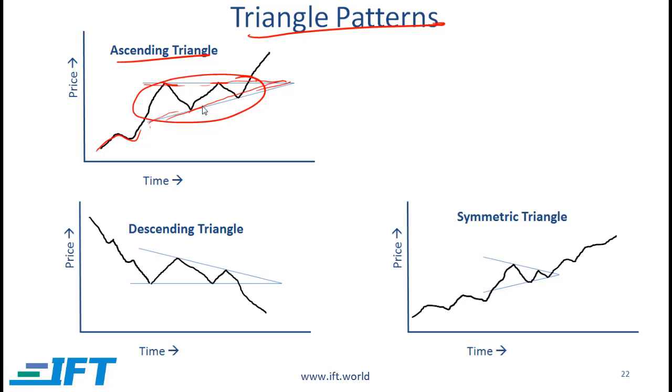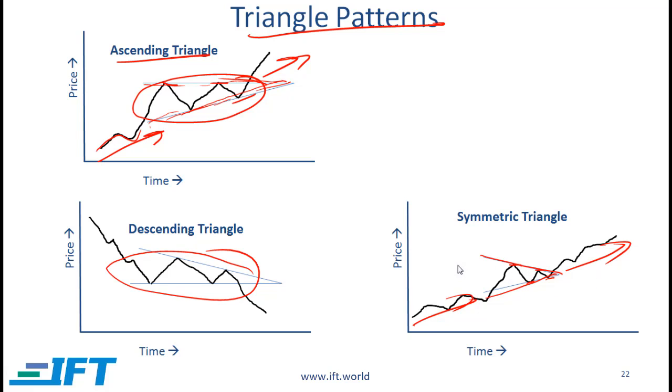The trend line connects the bottoms, so notice the uptrend, but essentially you need to recognize that this is an ascending triangle pattern, which tells you that this uptrend will continue. Here we have a descending triangle, and just look carefully at the shape and try to remember it. And then this is a symmetric triangle where we have lower highs and higher lows, but ultimately the uptrend continues.